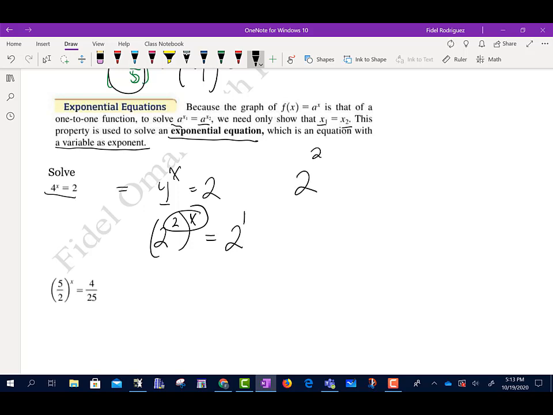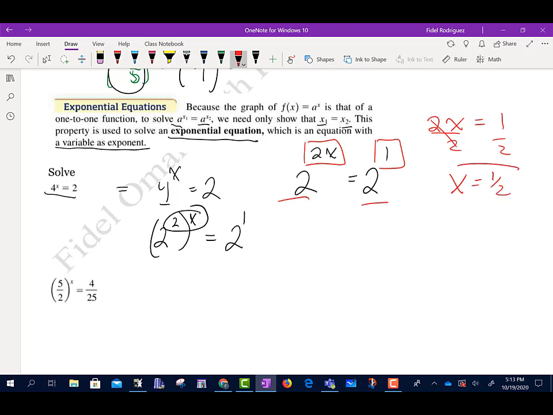So that's going to be 2 to the power 2x equals 2 to the power 1. Since our base numbers are the same, my exponents will also be the same. So 2x is going to be equal to 1. When we divide both sides by 2, x is going to be 1/2.